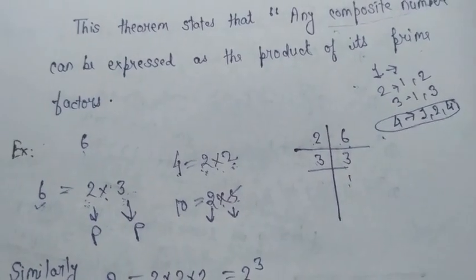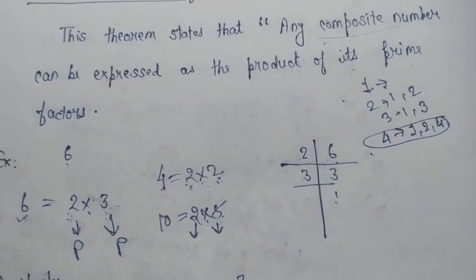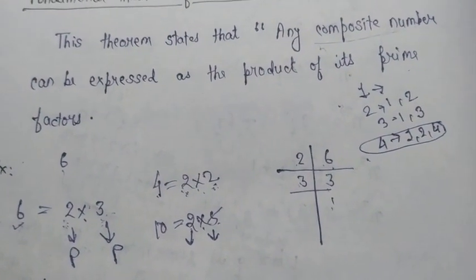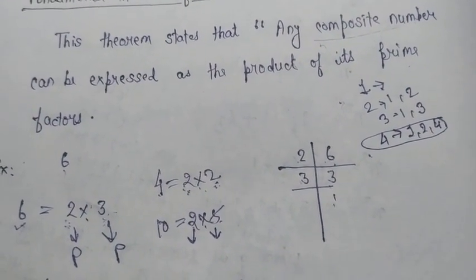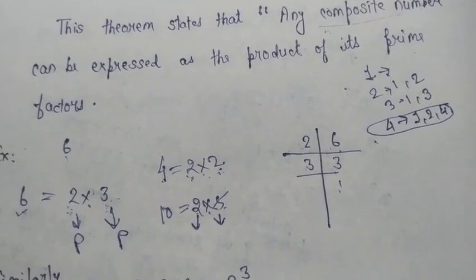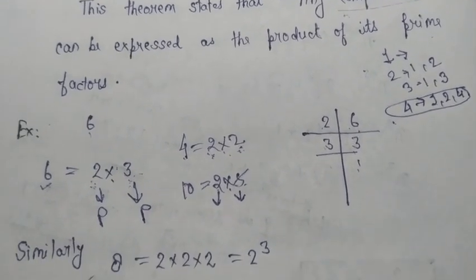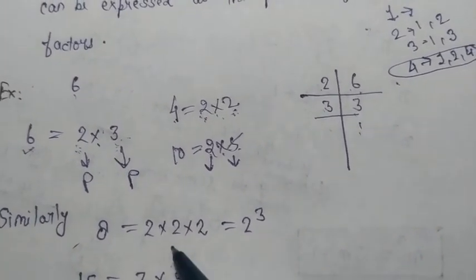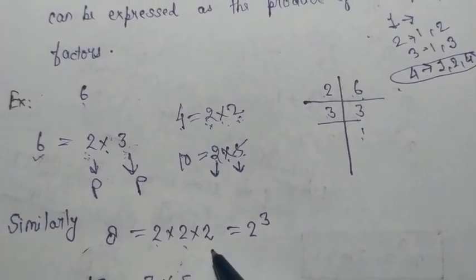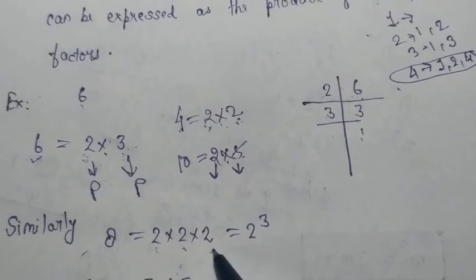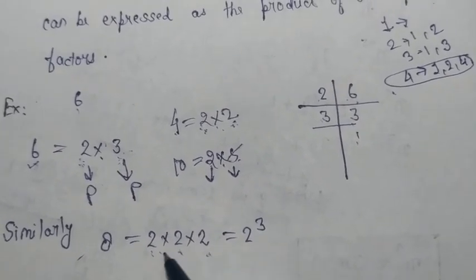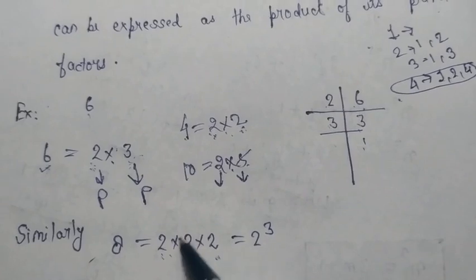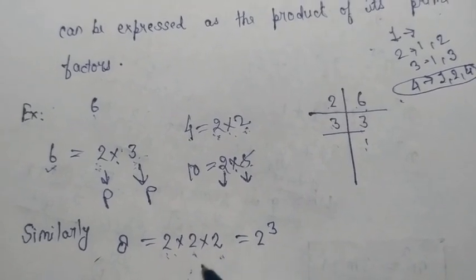So it implies that whenever you take any composite number, it can be represented as the product of its prime factors. Now one more example, student. 8 can be written as 2 into 2 into 2. All 2s, we know, are prime numbers, and all the prime numbers are represented with the multiplication sign.